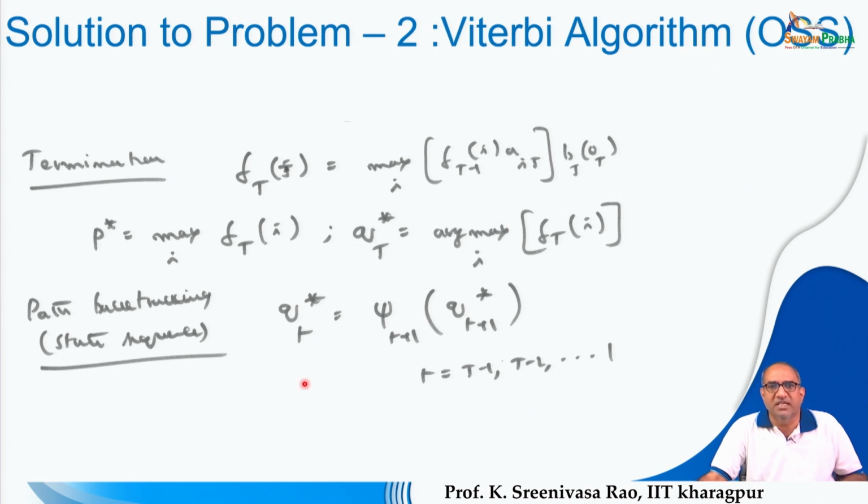After reaching the termination, you can backtrack by using this expression, and with that you can find the optimal state sequence. So, this way in problem 2, for a given observation sequence and the model, you can compute the optimal state sequence.